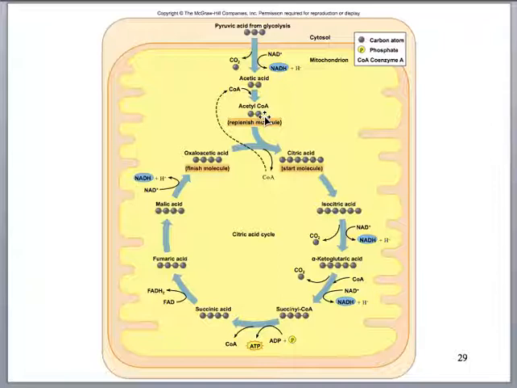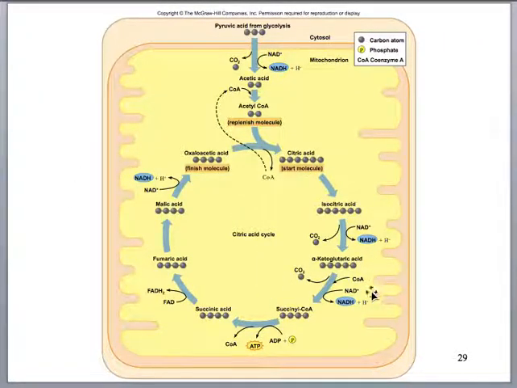Now, each of those acetyl-CoA molecules would then enter the citric acid cycle. It's a cycle because we start with oxaloacetate joining with acetyl-CoA, and after one turn, we regenerate this oxaloacetate, which can then enter again. So that's why it's called a cycle.